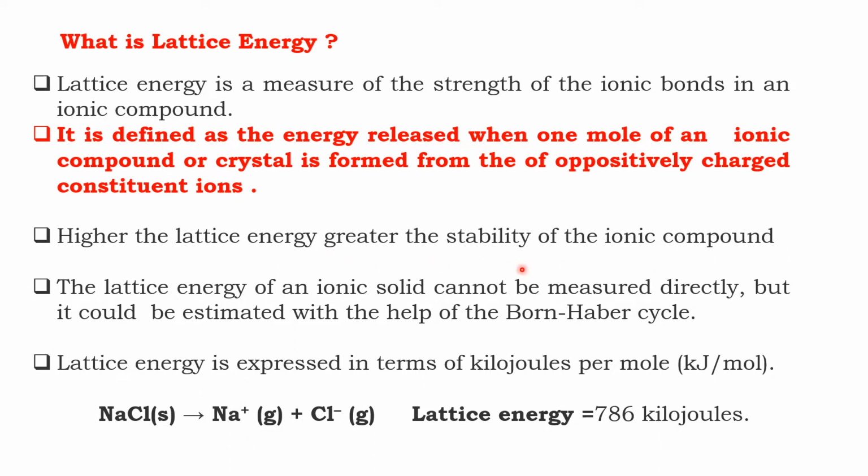That means if a crystal emitted 100 kilojoules of energy, we have to supply 100 kilojoules of energy to break them into constituent ions. So, to find out the strength of any ionic crystal, we use the term lattice energy.